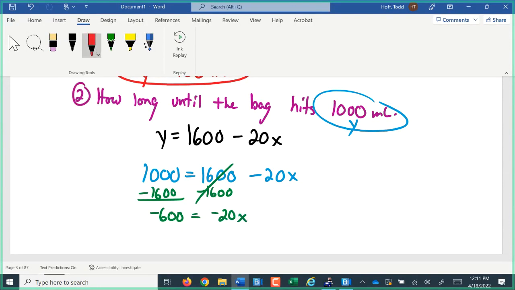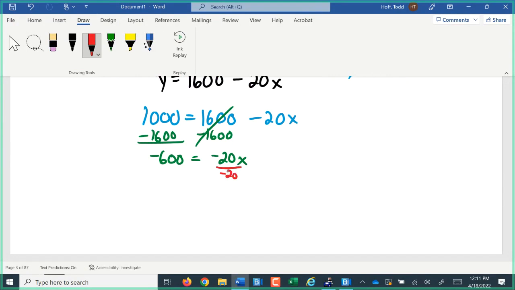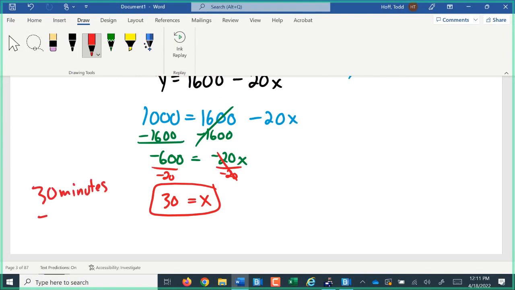And now we divide to get x by itself. We're going to divide by negative 20. Negative 600 divided by negative 20 is 30. Negative 20 is divided out here, giving us x. X equals 30. That's saying it would take 30 minutes for that bag to be depleted down to 1,000 milliliters of fluid.